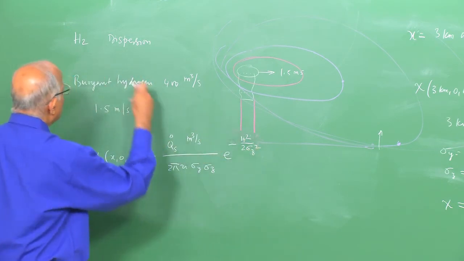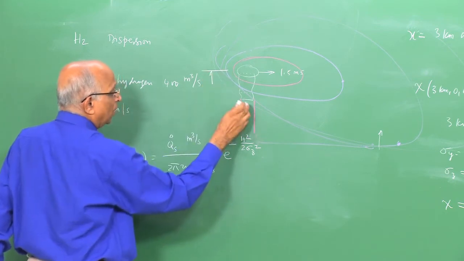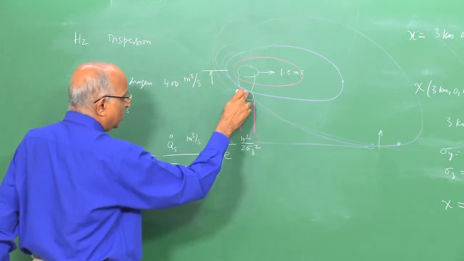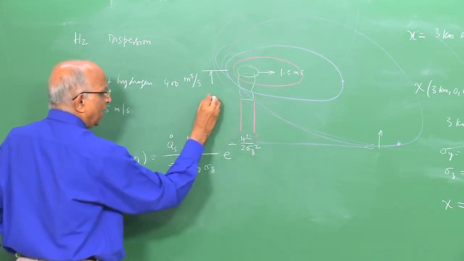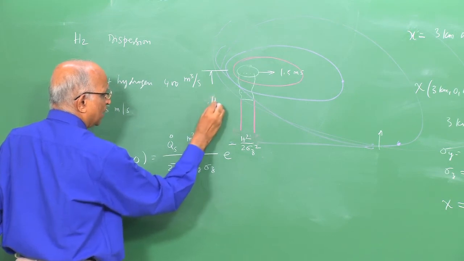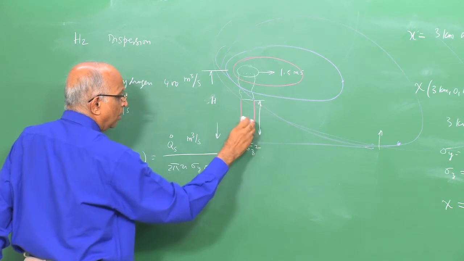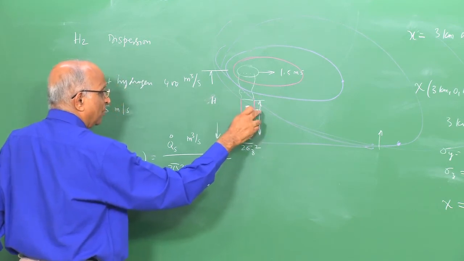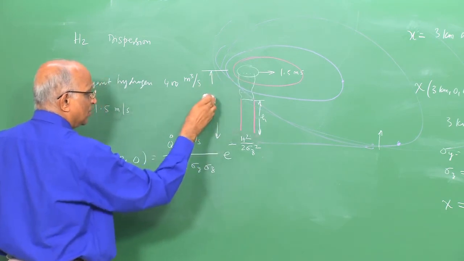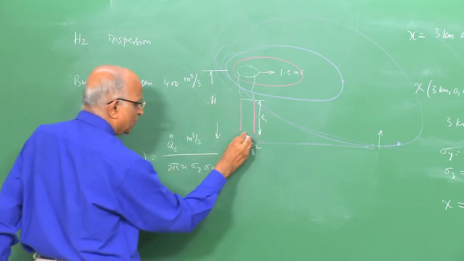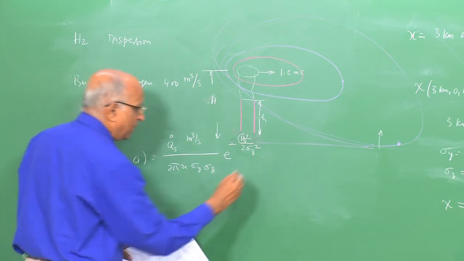In this particular problem, let us presume, based on the densimetric Froude number, that even though the height of the chimney or stack from which it is released is small h, the effective height from which it is released is capital H, and we assume that h in this problem is, let us say, 10 meters.